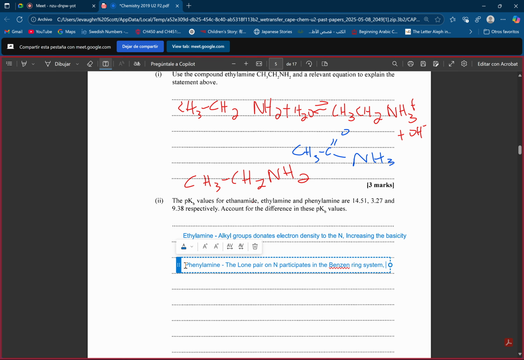Lovely, right? It would overlap, or participate, or become delocalized into the benzene ring system, and that makes the electron pair less available, so it reduces the basicity.